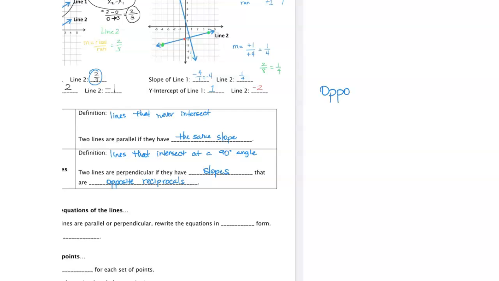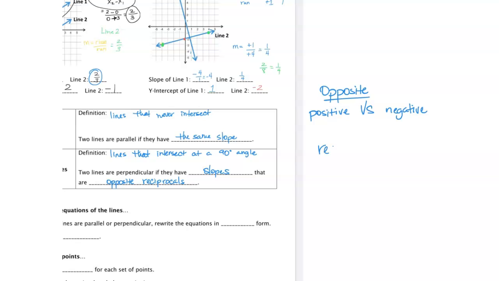So the word opposite. For the word opposite, I want you to think about the words positive versus negative. Opposite means one value is positive and the other value is negative.